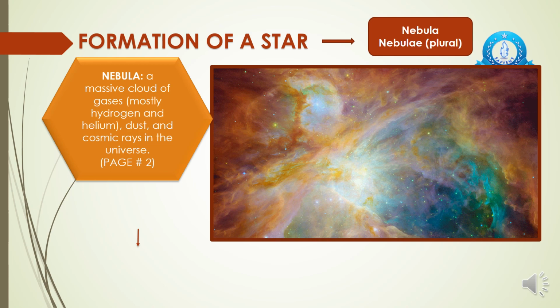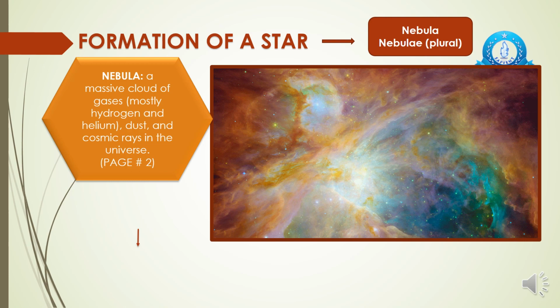Now what are cosmic rays? Cosmic rays are highly energetic particles traveling through space at nearly the speed of light, right? So a nebula is a cloud made up of gases and dust, and it also has cosmic rays in it, right?